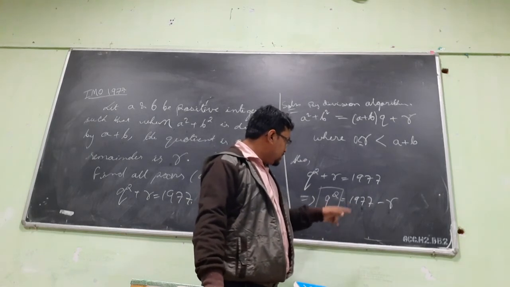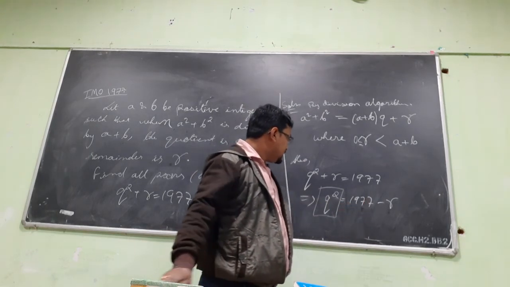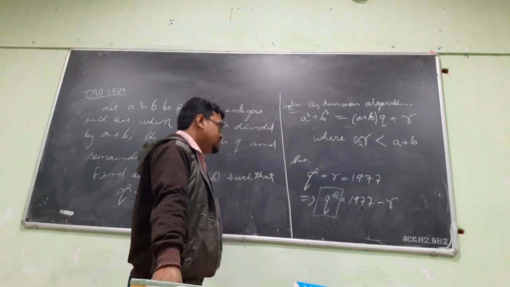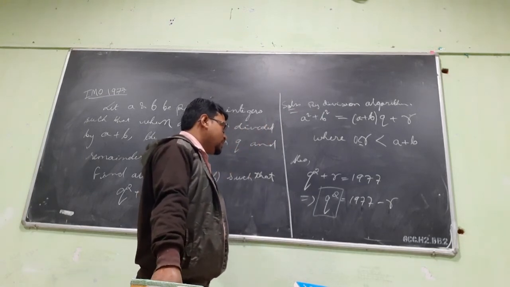So how many possible values are there? How far can we go? 1977 minus R is a perfect square.